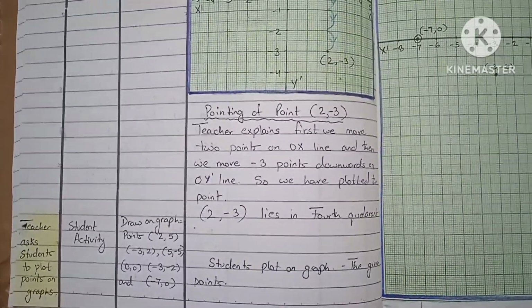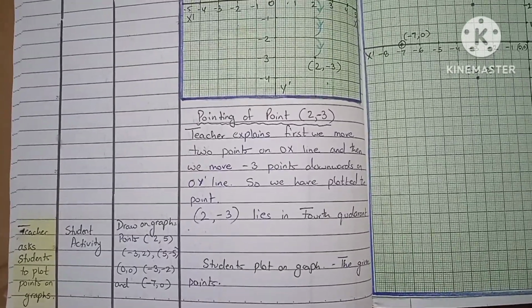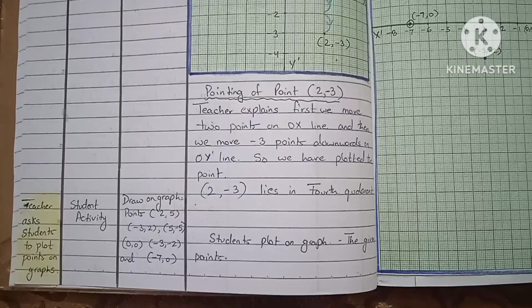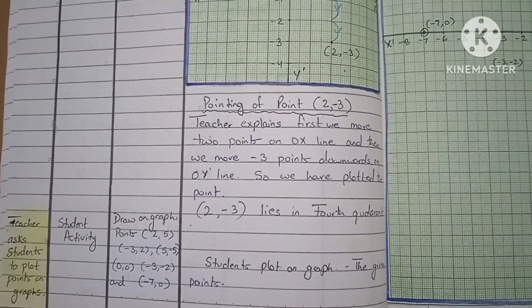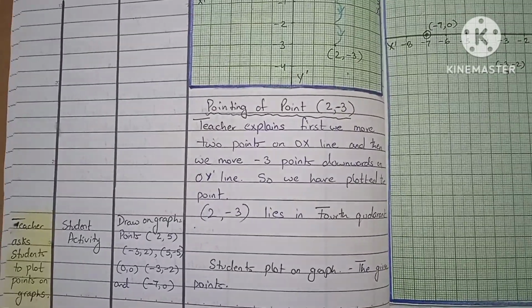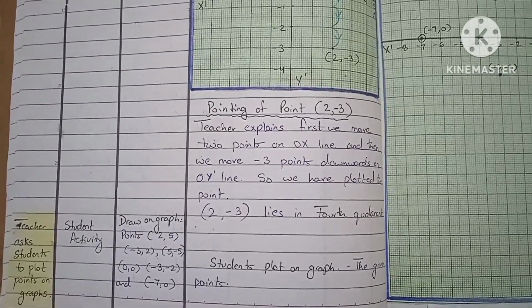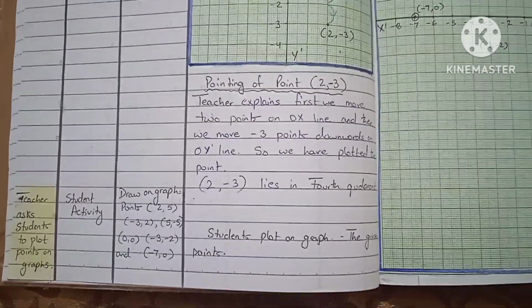Now the teacher asks the students to plot points on the graph, and she gives them graph paper. The points are (2, 5), (-3, 2), (5, -5), (0, 0), (3, -3), (-2, -7, 0).